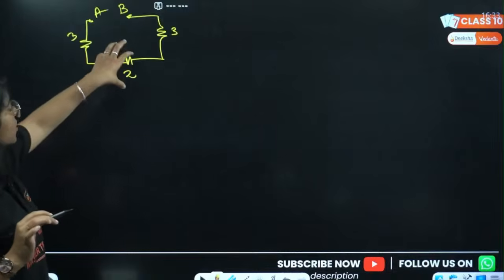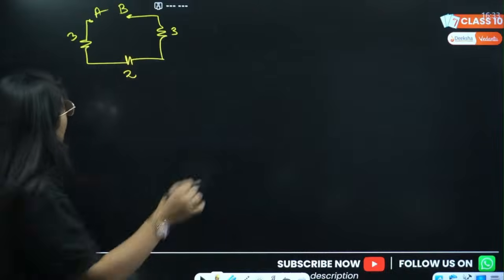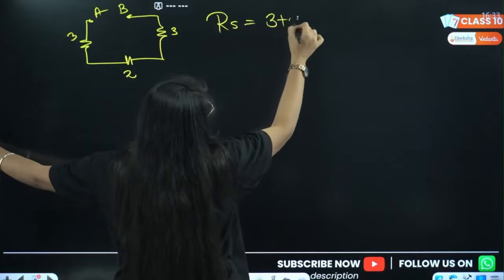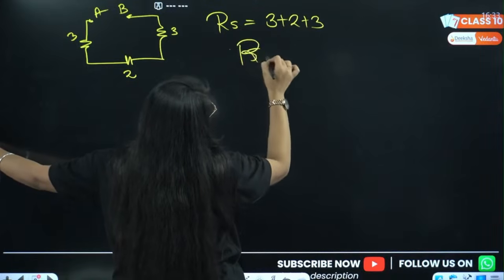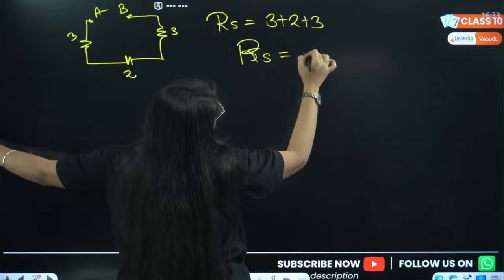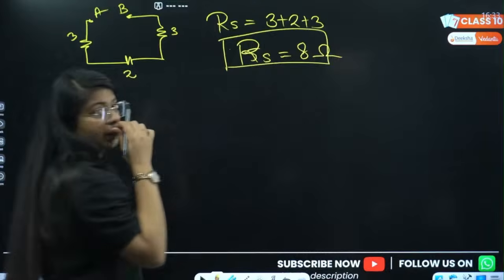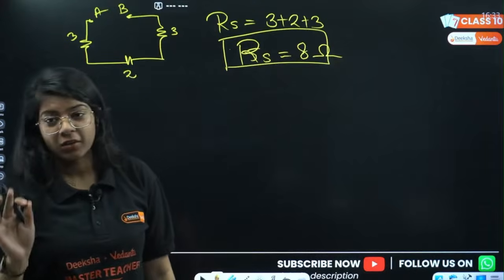So instead of 2-3 circuits here, it is only 2 ohm. Correct? Now these are in series, so you can simply add them: 3 plus 2 plus 3. Yes, the answer is 8 ohm. So resistance is 8 ohm.